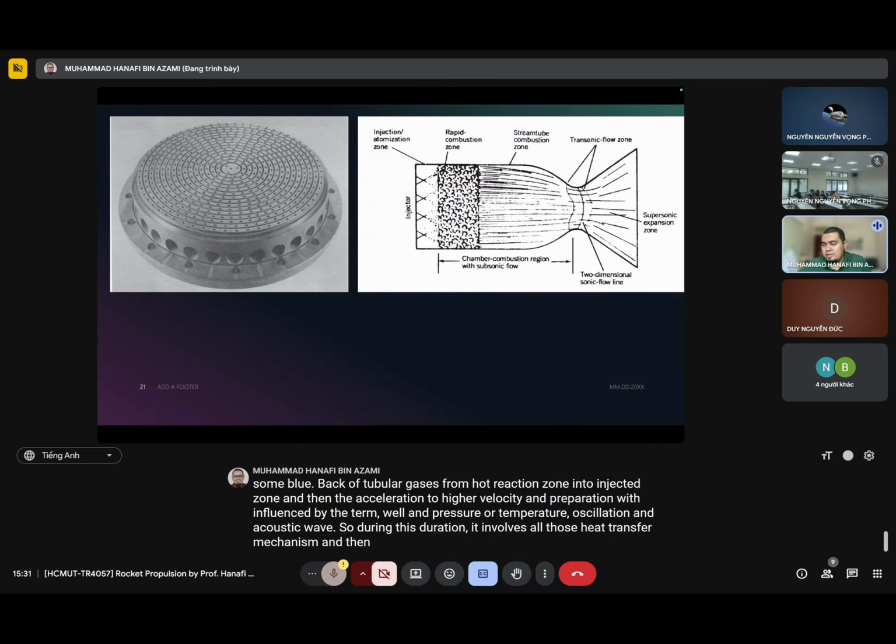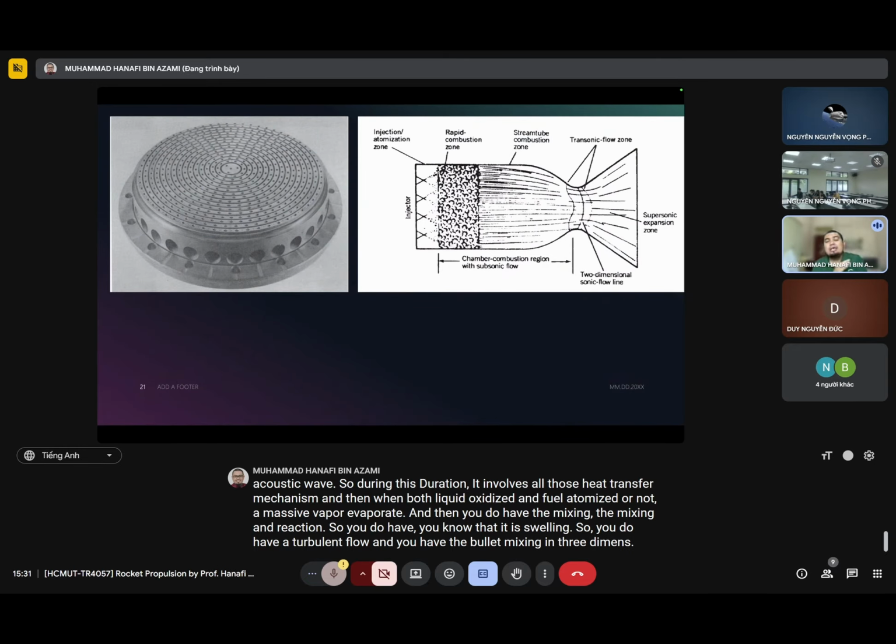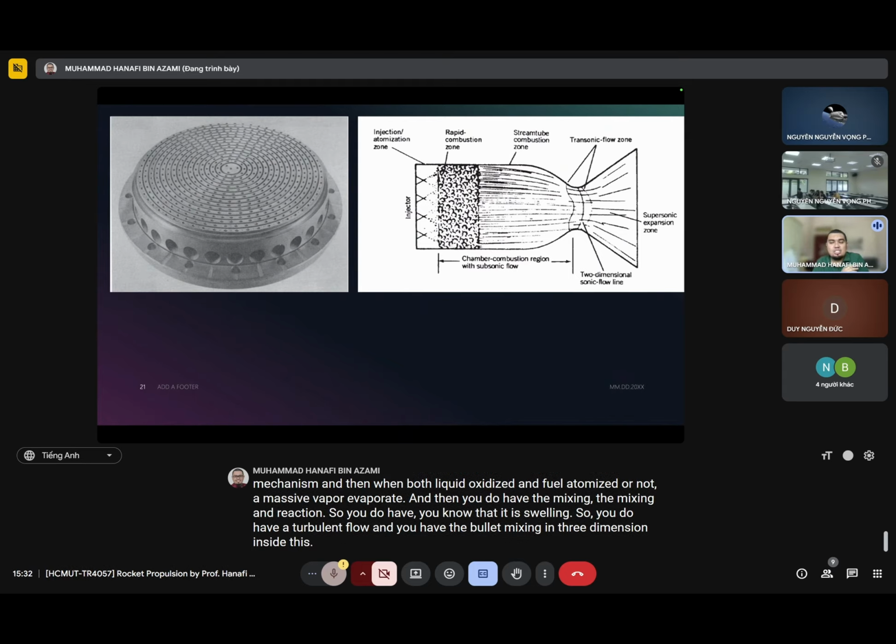And then when both liquid oxidizer and fuel atomize or not atomize, evaporate, you do have the mixing and reaction. You know that it is swirling, you do have a turbulent flow, and turbulent mixing in three dimensions. It's the mixing and reaction region.